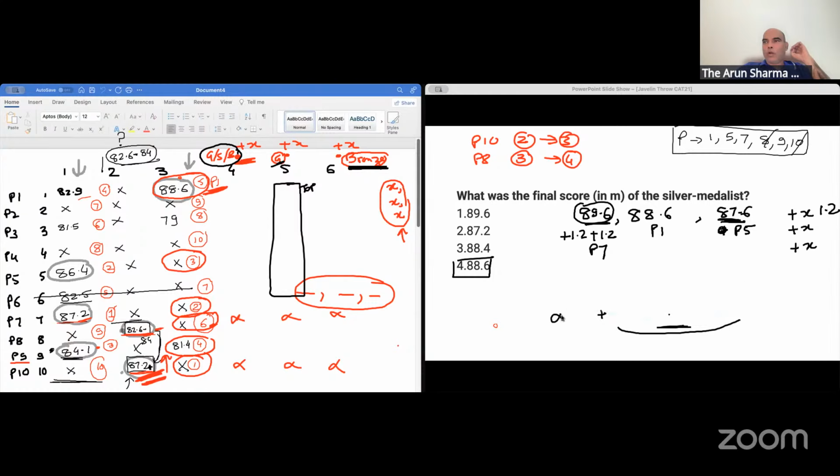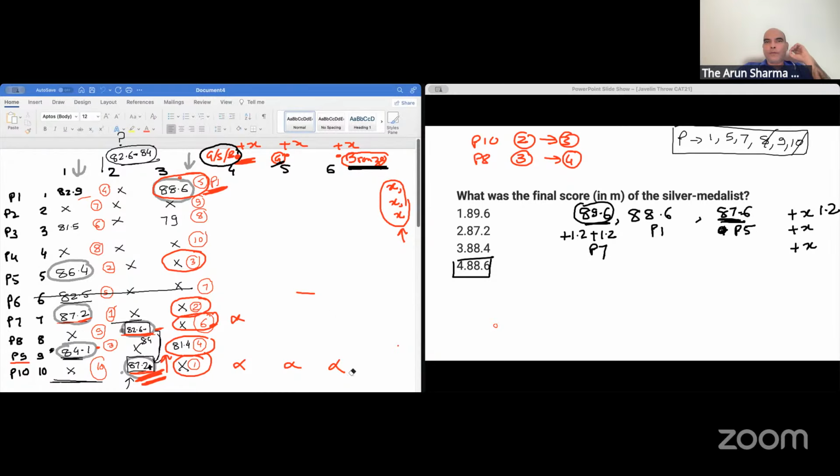And what we now know is that since two 1.2s go to P7 and one 1.2 goes to P5, P7 after this will be 88.4. His best score will be 88.4, and after the fifth round, his best score will be 89.6.